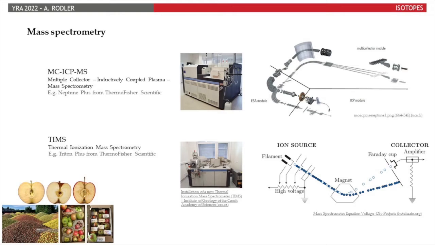And a similar approach applies also to multi-collector ICP-MS, which is the sketch above. It's just in liquid form there, and some slightly different intermediate stages are included as part of the instrument. But the results are the same.